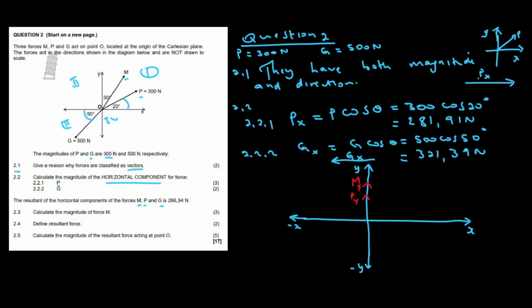All right, I'm also going to have here downwards G in Y, because G is in the third quadrant. So if you look at vector G, in the third quadrant, Y is downwards.